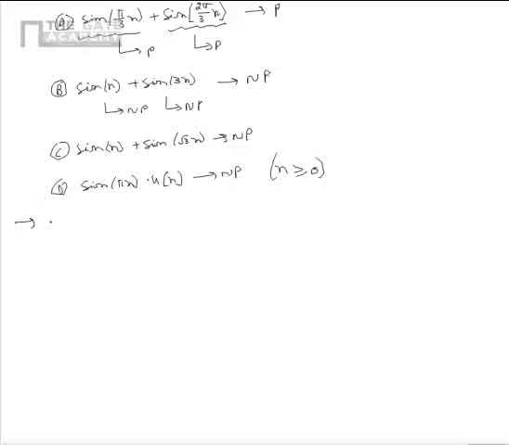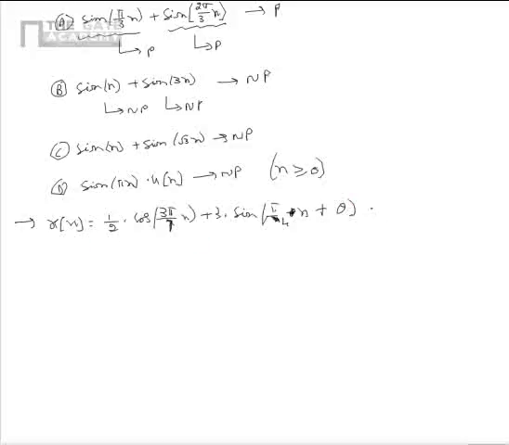Now let us consider another signal x of n is equal to 1 by 2 multiplied by cos 3 pi by 7 n plus 3 into sine of pi by 4 n plus theta.